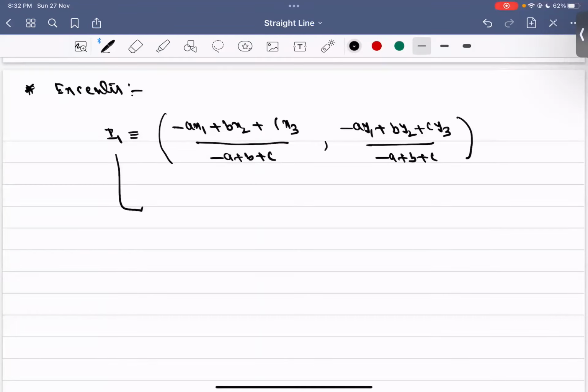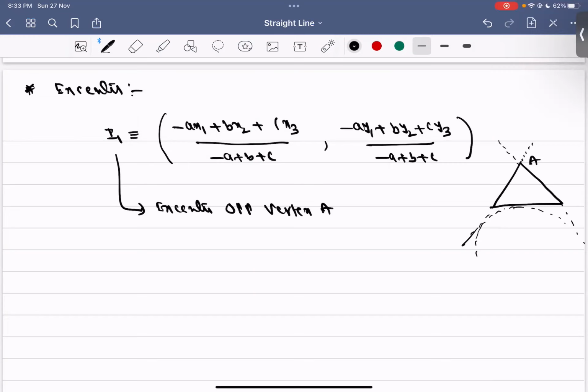This is the excenter opposite to vertex A, that in the diagram we have seen in the last class. Suppose this is A. Opposite to vertex A means this is the excircle.